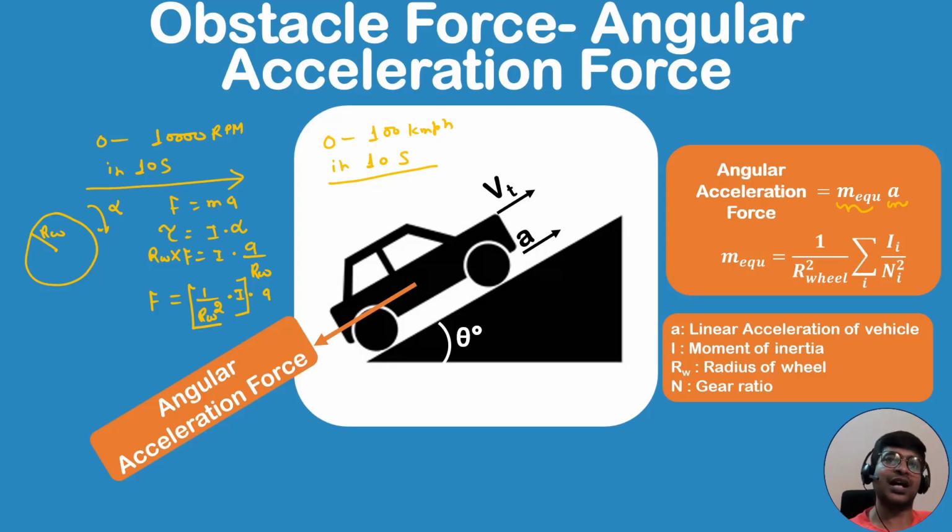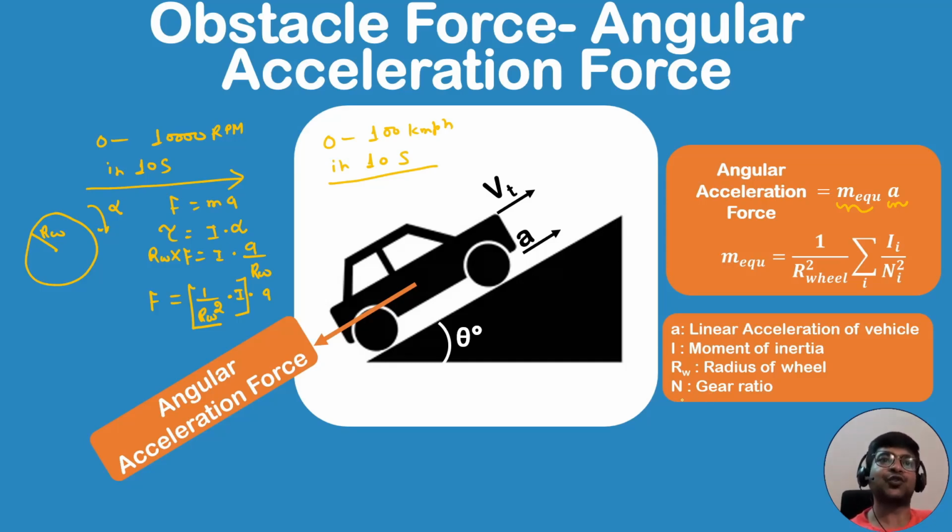And just to emphasize again, this gear ratio will be different for all the components. For example, if the gear ratio for the rotor with respect to the wheel is 13, then the gear ratio for any gear with respect to the wheel will be less than 13.